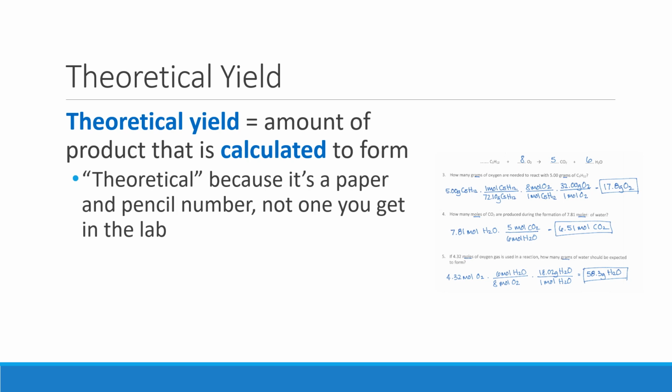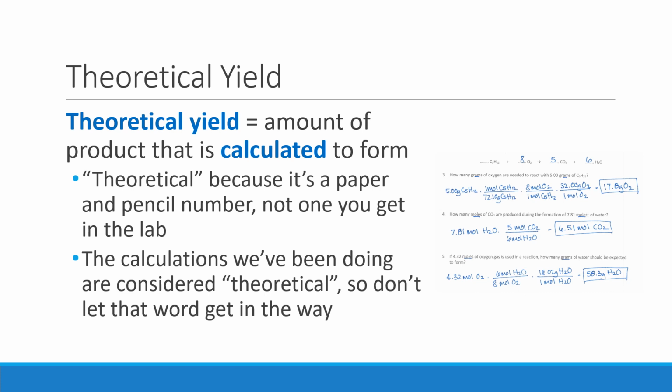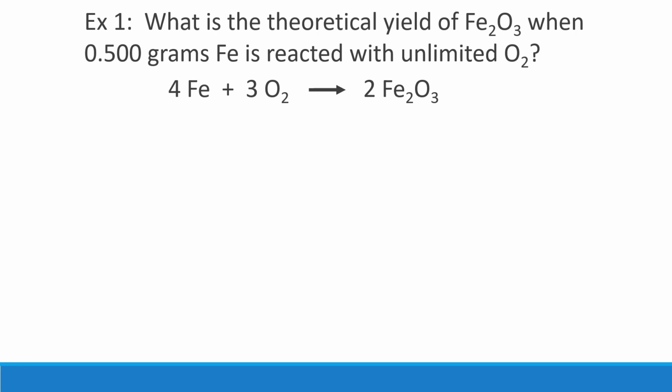It's theoretical because it's paper and pencil, not a number that you get in the lab. So any of the calculations we've been doing so far, right, this morning or in our notes last time, those are considered to be theoretical. So don't let that word trip you up. It just means that you're calculating it using paper and pencil.